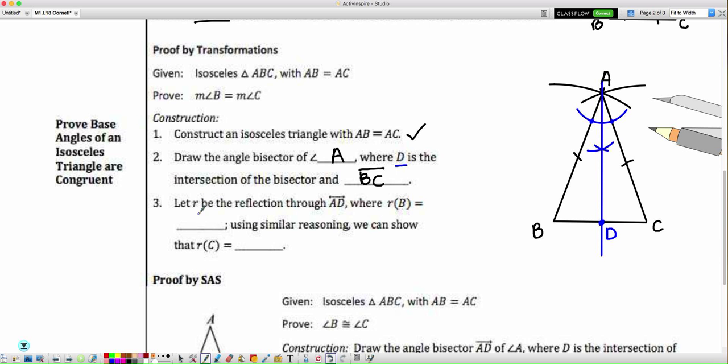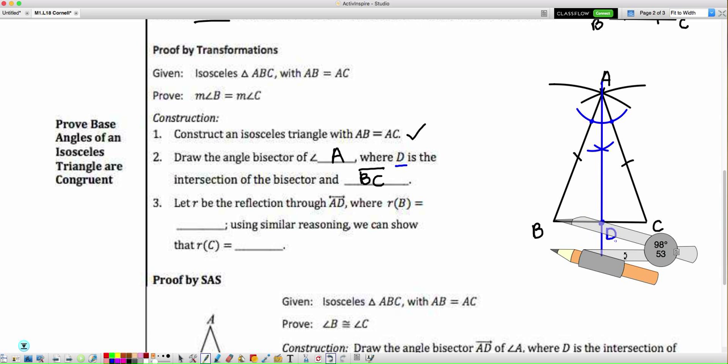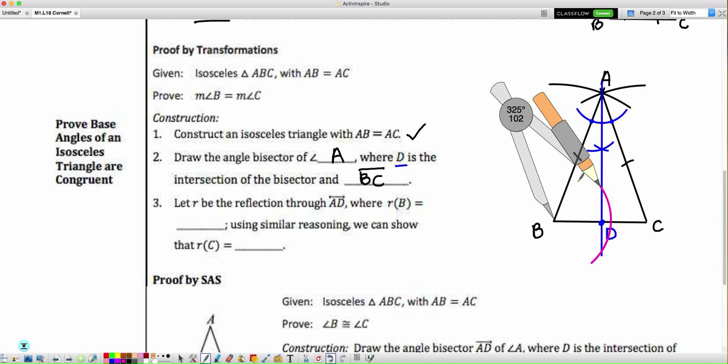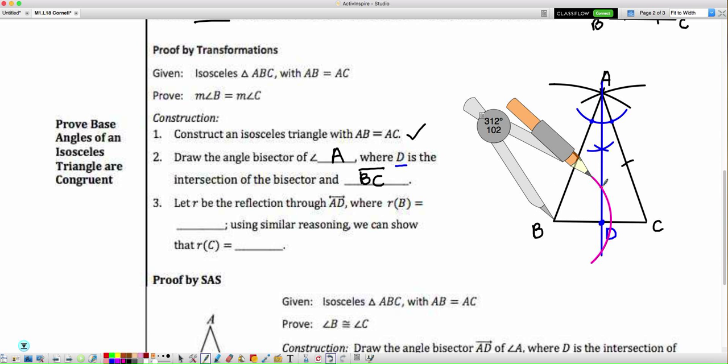Next it says that we're going to let R be the reflection through AD, so I'm reflecting across AD where the reflection of B ends up. So if I looked at this, I'm going to reflect it over to this side. So I'm going to place my compass here, take my pencil onto that other side. I'm going to switch colors so that it's easy to see. If I were to make my arc, notice again I have one intersection here, one intersection down at the bottom.